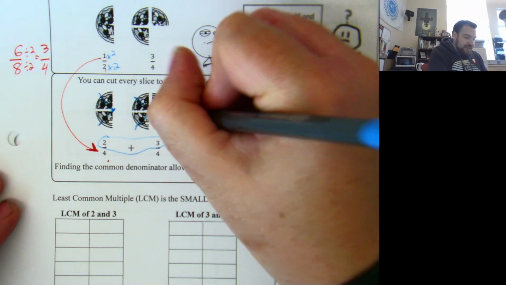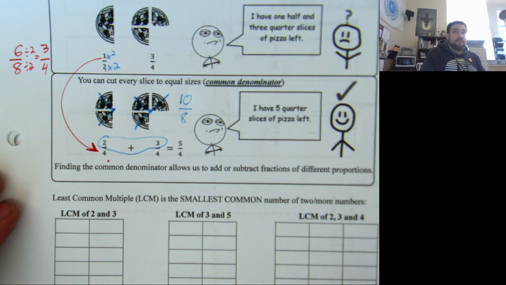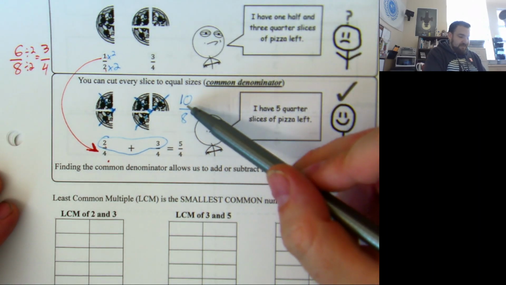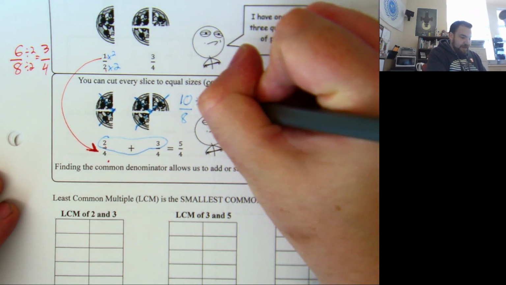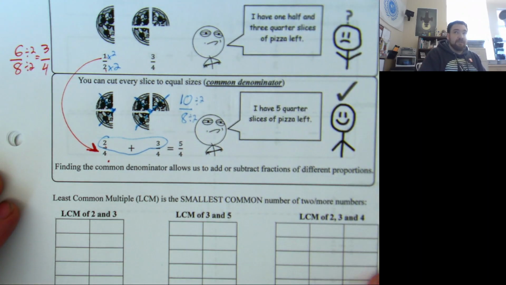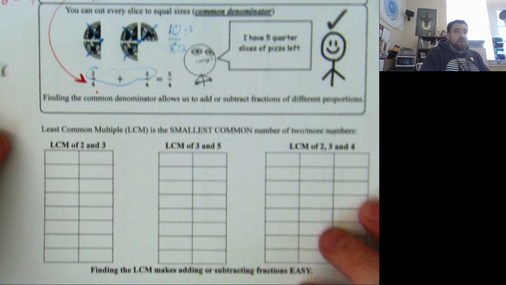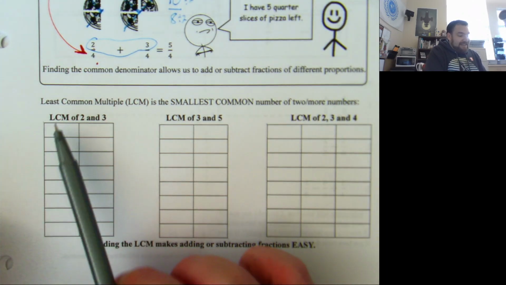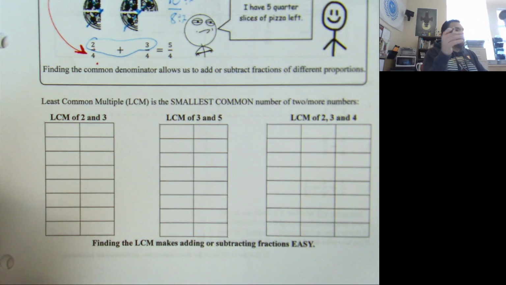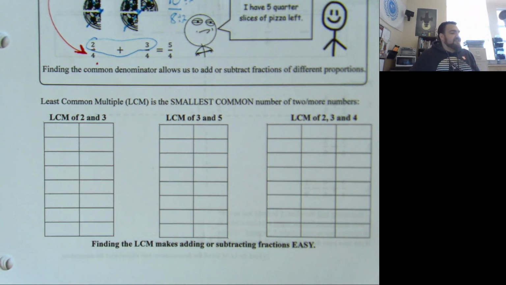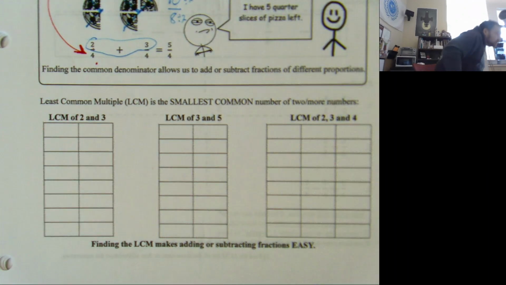But now they're not quarters anymore, they're eighths. But 10/8 and 5/4 are the same because I can simplify them into each other. So you don't have to necessarily find the least common multiple, but the least common multiple will mean that you don't have to do quite so much simplifying later.